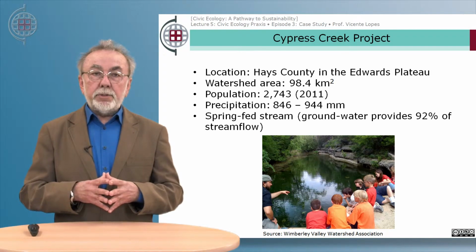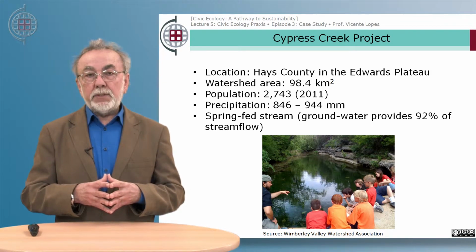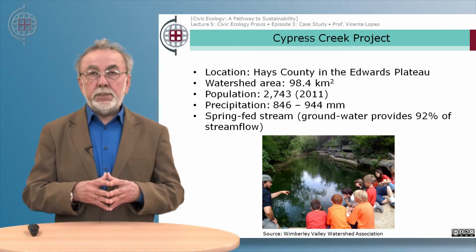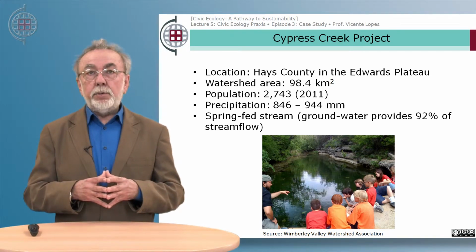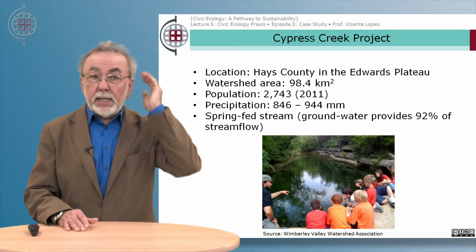This project is located in Hays County, in the Edwards Plateau in Texas. Hays County is one of the counties that is at the moment experiencing great growth, great urban development, and therefore is putting tremendous pressure on natural resources and watersheds in the region.